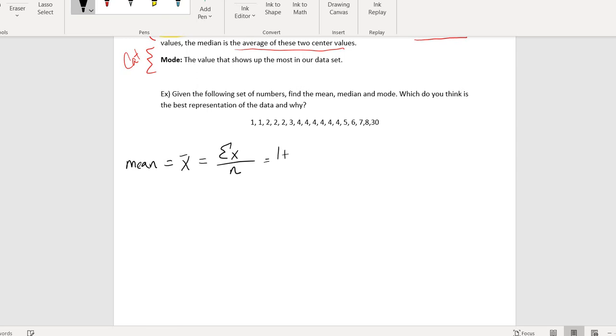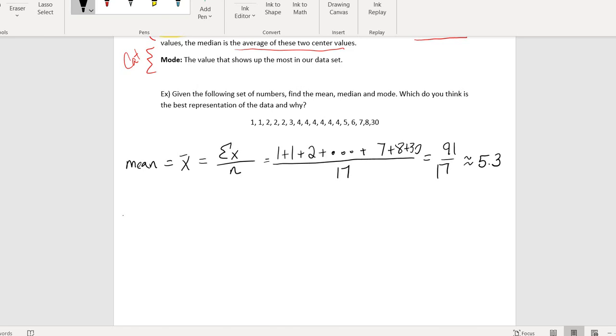That would be 1 plus 1 plus 2, and then all these other numbers, plus 7 plus 8 plus 30. Then we divide that sum by how many observations we have, which is 17. You should end up with 91 divided by 17, which gives you about 5.3.